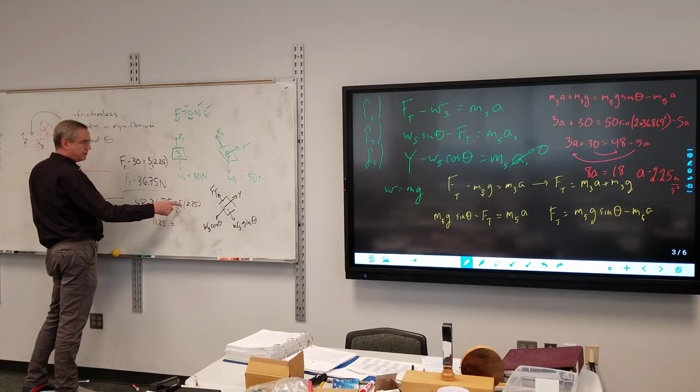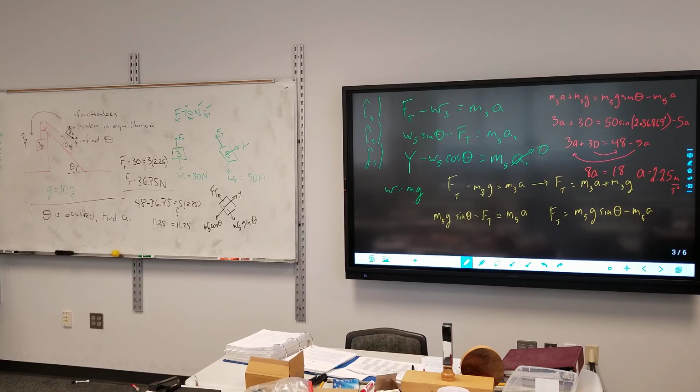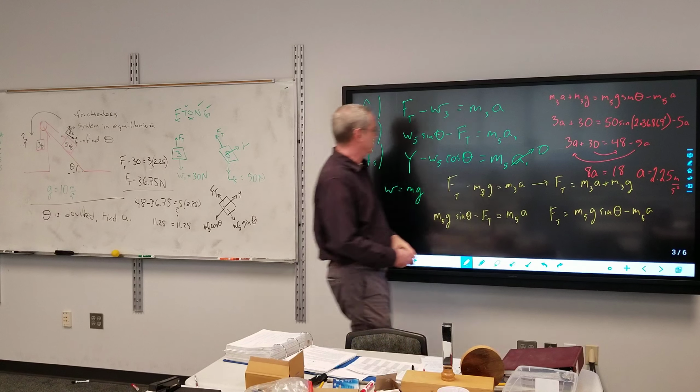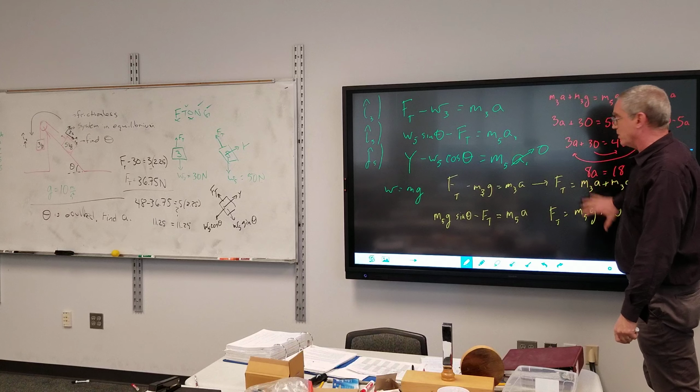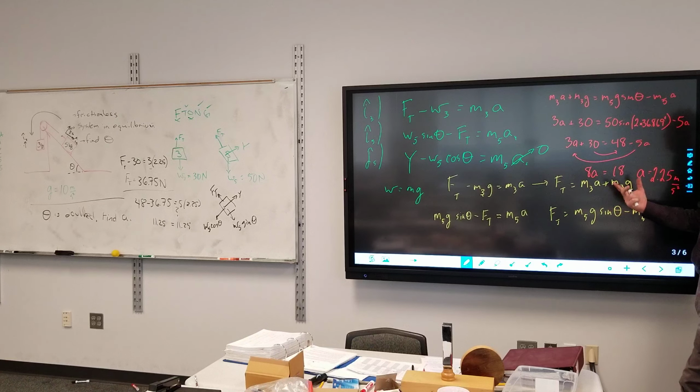And on this side, now, this doesn't tell us if the 2.25 meters per second squared is correct. It just tells us that we did the math. This was done correctly, the math part. If the equations are wrong, then, oh, that's not the right answer. Unless we got really lucky.